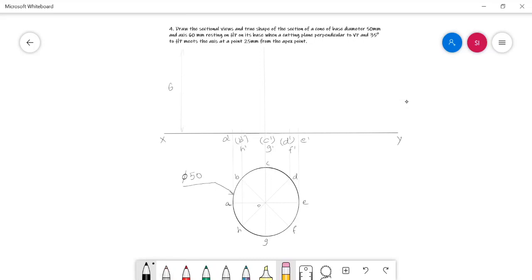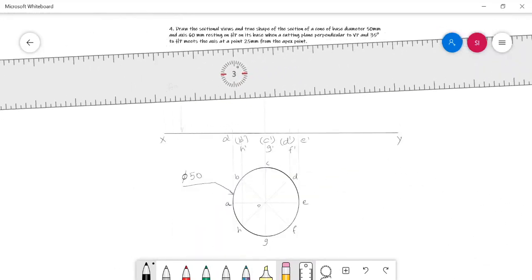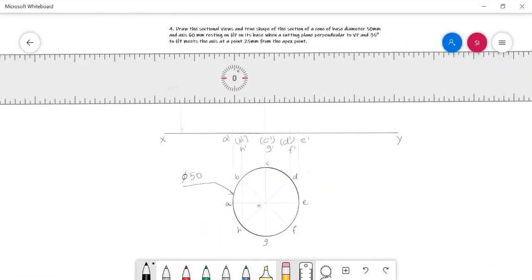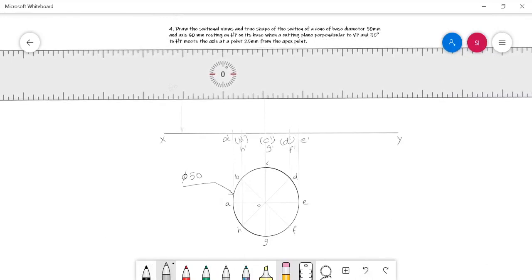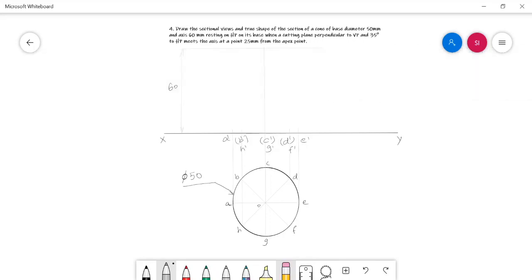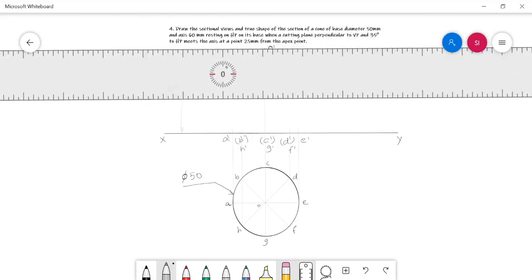So at the height of 60 mm, I am marking the apex point of the solid, O dash. Now we have to connect the generators of the solid.